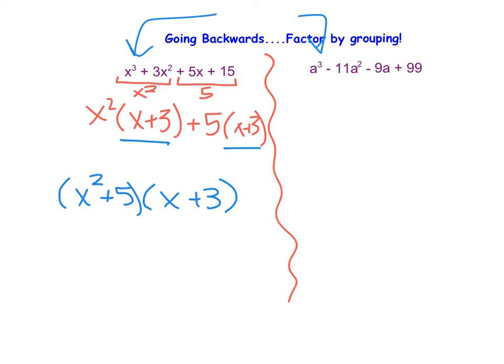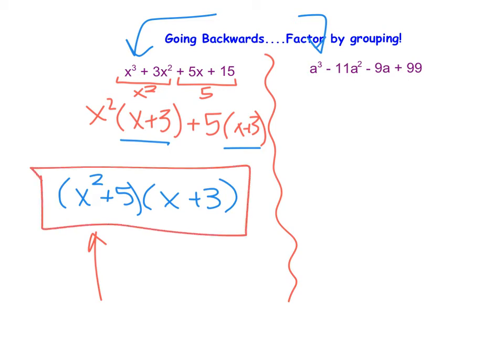I notice that I have an x squared in there, but when I look at this x squared plus 5 part right here, I also notice that while x squared is a perfect square, 5 is not. So I cannot use one of my special patterns that I observed earlier this week to factor this polynomial further. If I look at my other strategies, my special patterns don't really apply, and neither does factoring a trinomial. So I can stop here.